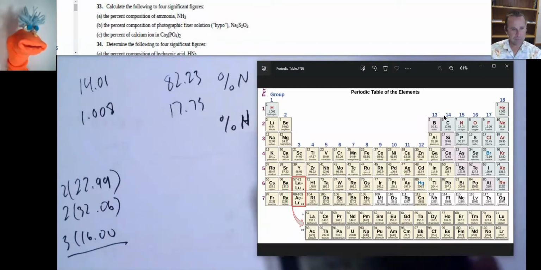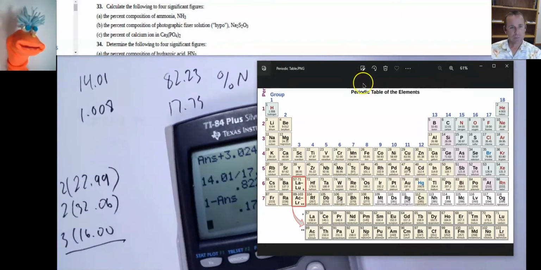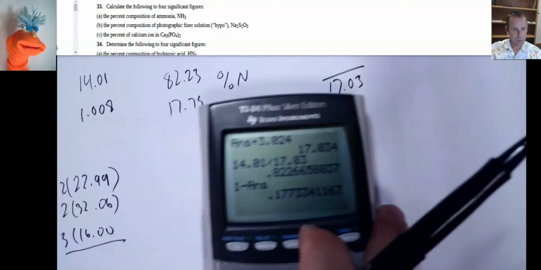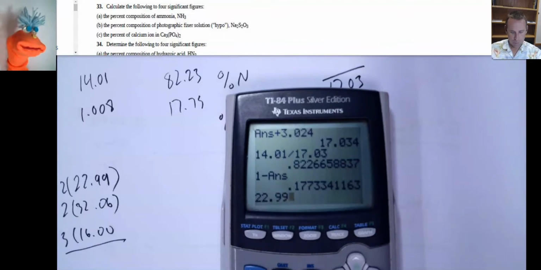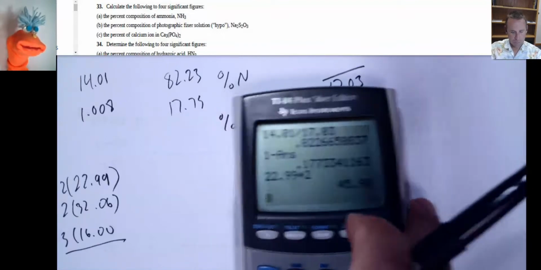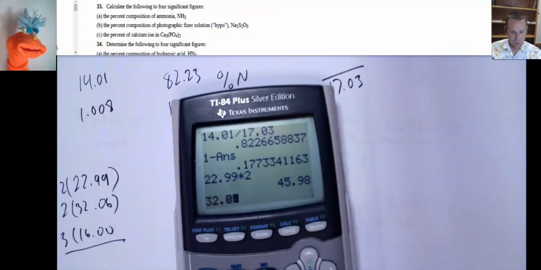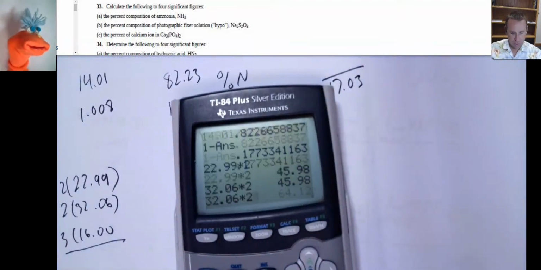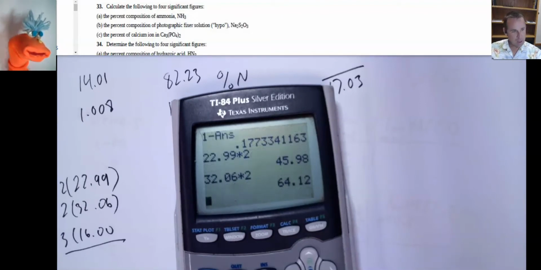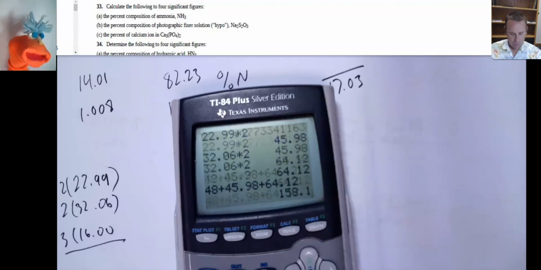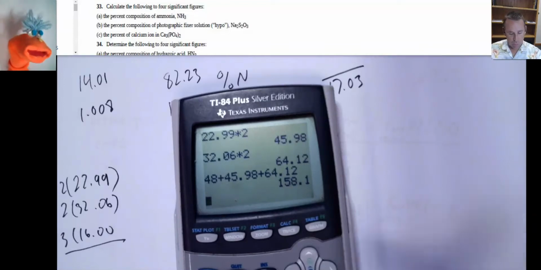So 45.98, 32.06, that's sulfur, times 2. And then 16 times 3, that's 48. Plus that's the sodium, plus the sulfur. So that's the total, 158.1.